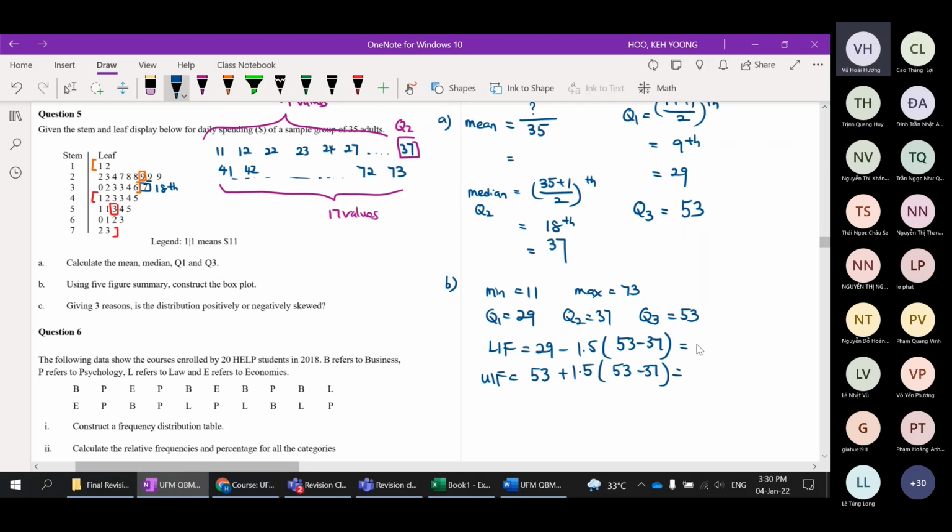Lower inner fence is 5. Upper inner fence is 77. All the values are between 5 and 77. Since all the data are within the 2 fences, there are no outliers. So you can proceed to construct the box plot.